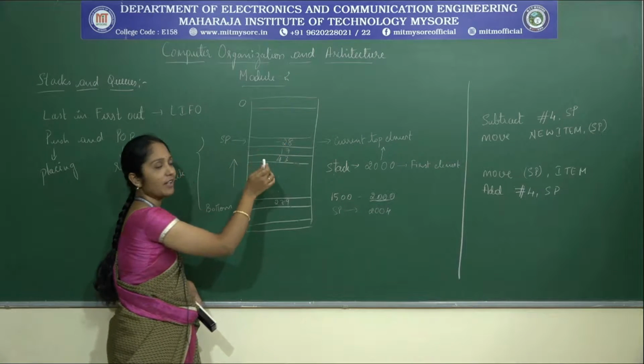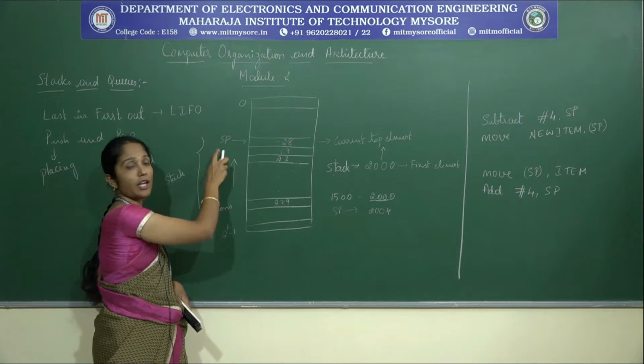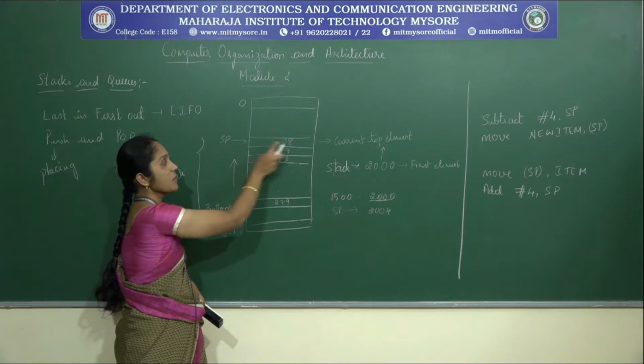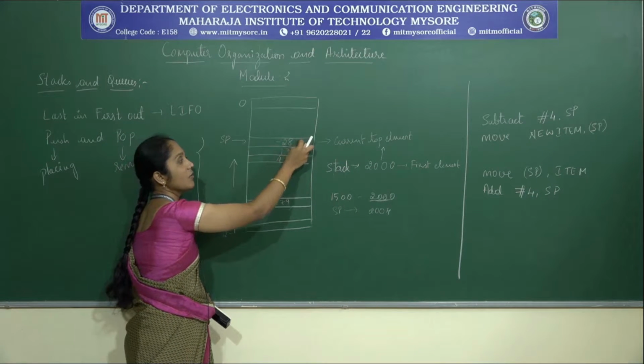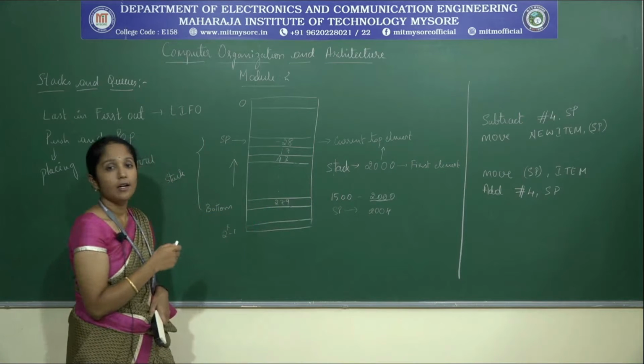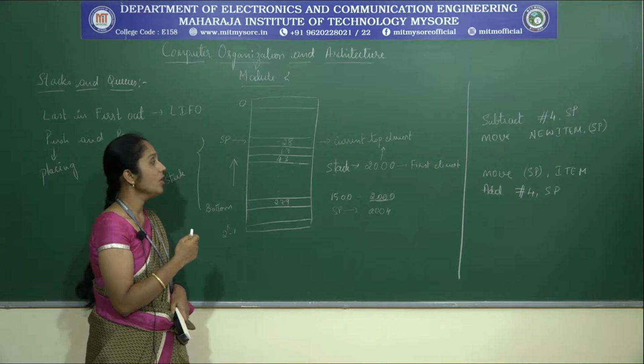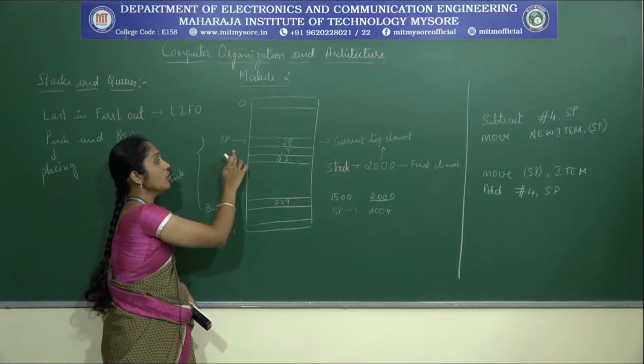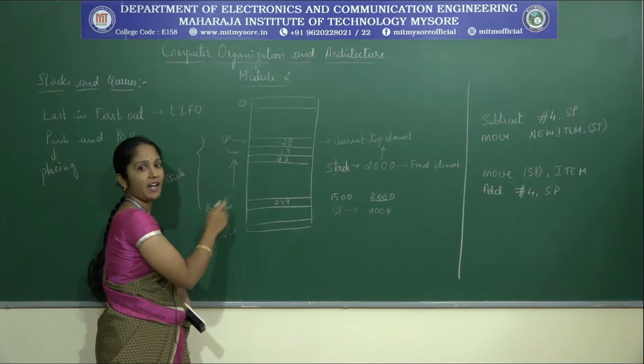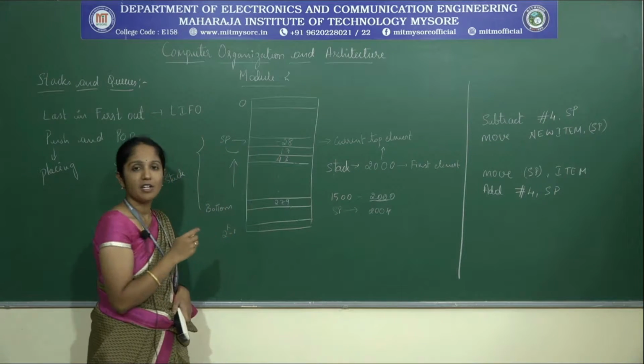For example, the current content of SP is -28. If -28 is moved into the location item, then SP will be pointing to the next top of the stack, and the next top of the stack will be 17.